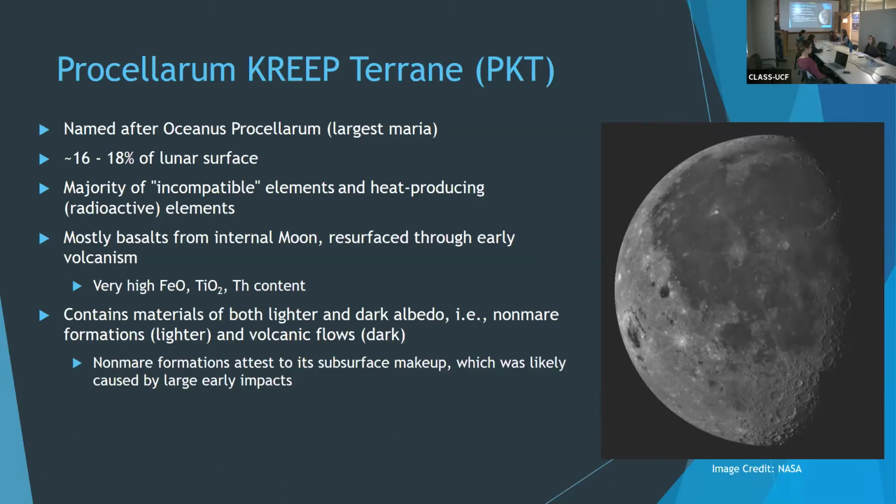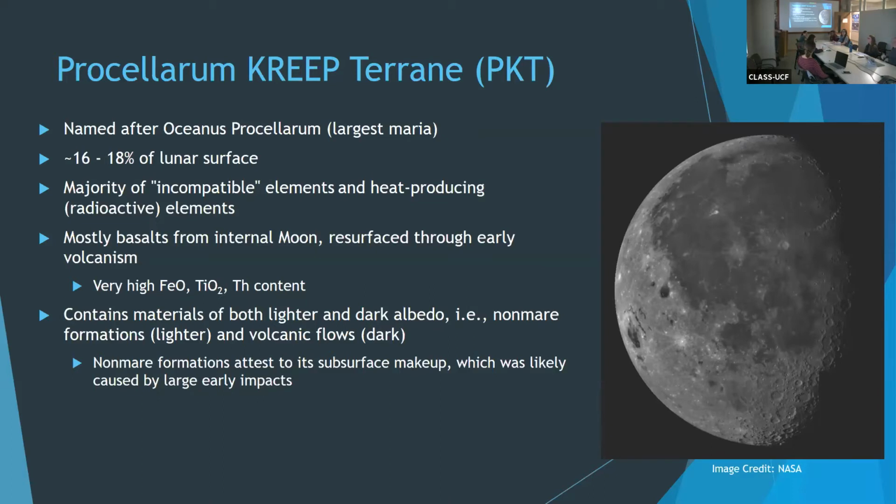Remember, the moon formed 4.4 billion years ago, and then the late heavy bombardment came by 3.9, 3.8. So 500 million years, even for planetary science, is a lot.